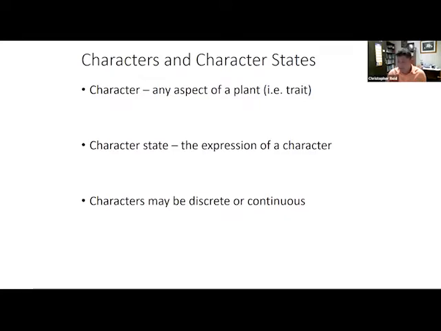Your taxonomist goes into a herbarium and looks at 100 specimens of a given species, takes a representative leaf and measures one representative leaf on each of those 100 specimens, and you have a range. It might be from 2.2 centimeters to 2.9 centimeters. And that's a continuous character.